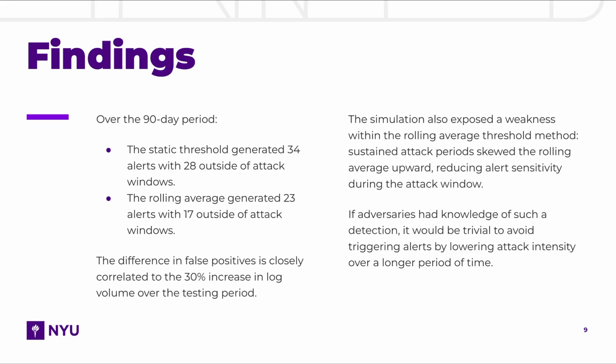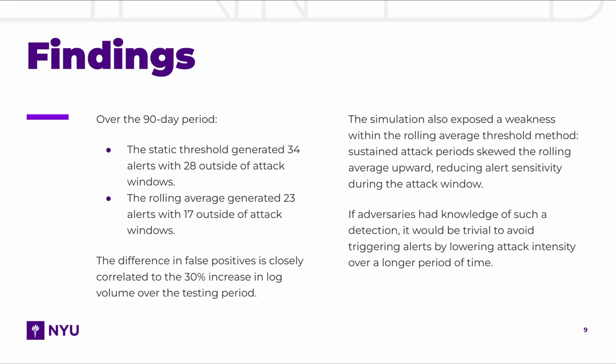One weakness that was revealed to me through this process was that the rolling thresholds started to get less sensitive to an attack when the period started getting longer. So if an attack slowly increased in volume and gave the statistical threshold time to catch up, where it just slowly raised that average over, say, 24 hours, an attacker could technically go through with their attack without any detection happening.